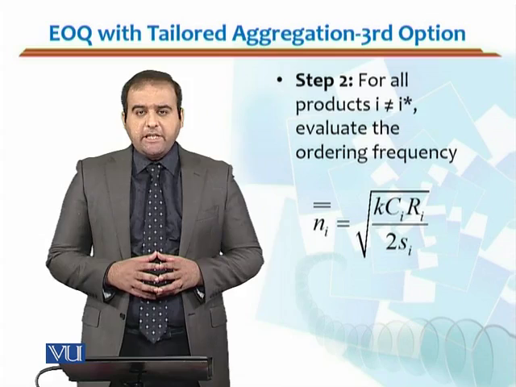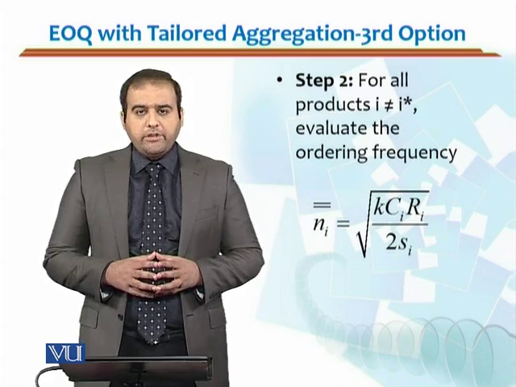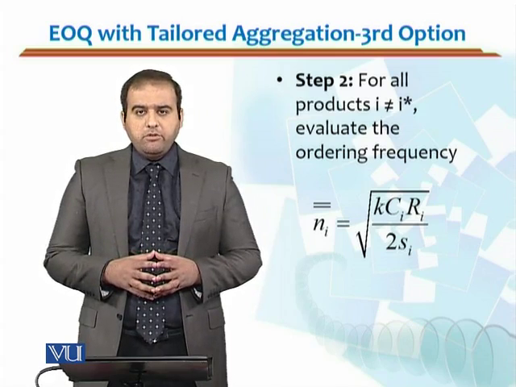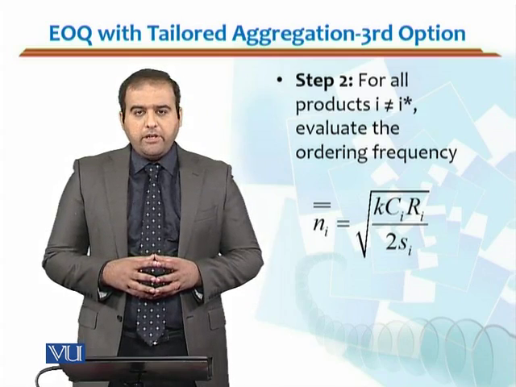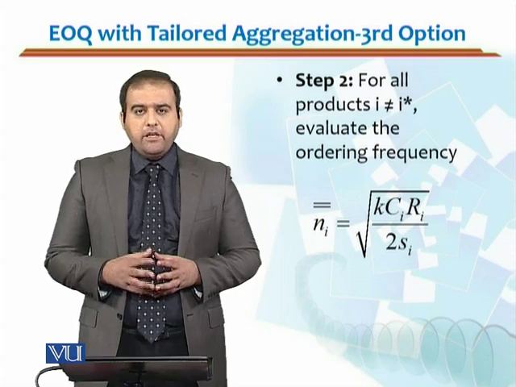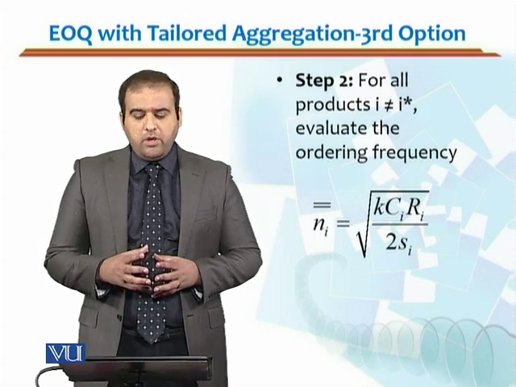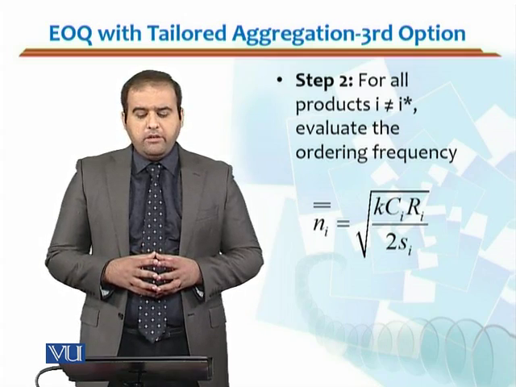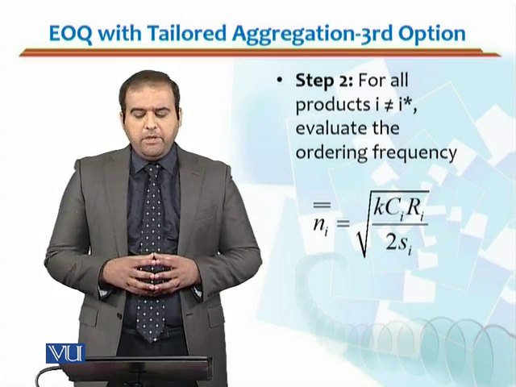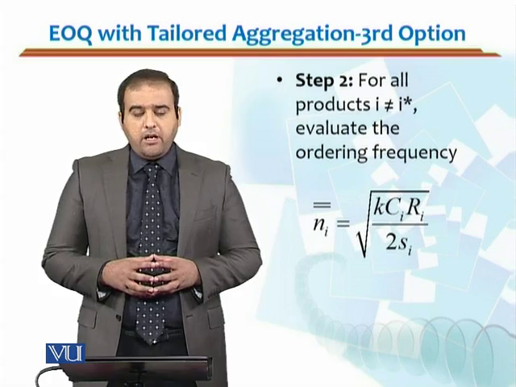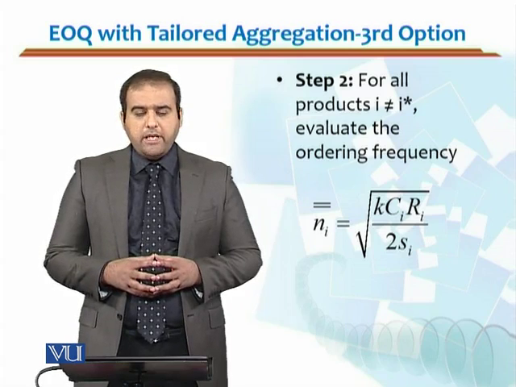Then step 2, for all products, that means what you need to produce or in combination, evaluate the ordering frequency. That would be N_I double bar. Now, what does that represent? That would represent the ordering frequency, which would be the square root of K C_I R_I over 2 S_I.